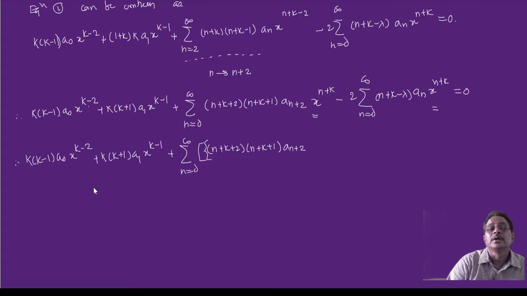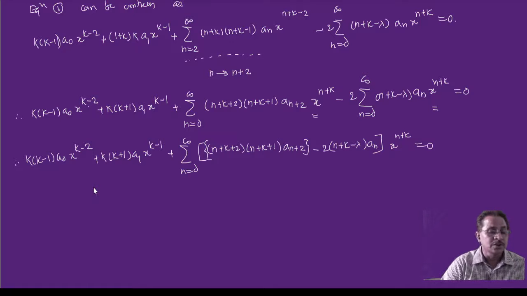Okay, this bracket minus 2 into bracket is n plus k minus lambda times an. I think it was not needed. Here bracket is but around there, an x raised to n plus k is equal to 0. Let this be equation number 3 now.